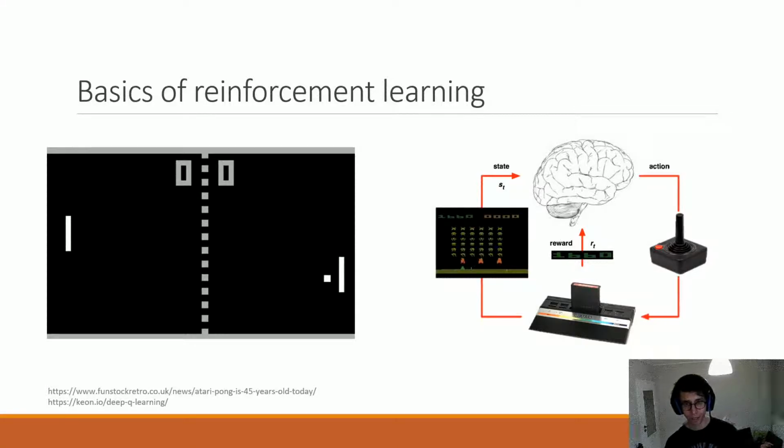Now, for the sake of simplicity, let's say that it is only you playing Pong and you are playing against a bot. And in terms of reinforcement learning, there are 5 things that we need to focus on. The first one is called the environment, and it is everything that is going on in the game, whether you see it or not. The second one is called the agent, and it is the player, it is you.